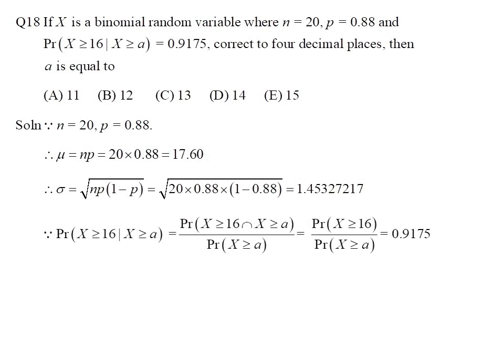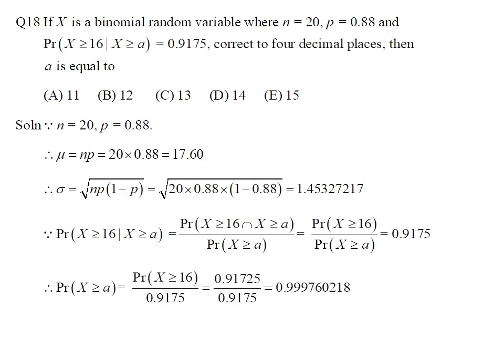According to the given criteria, the probability of x greater than or equal to 16, given that x is greater than or equal to a, equals the probability of x greater than or equal to 16 over the probability of x greater than or equal to a, which equals 0.9175.